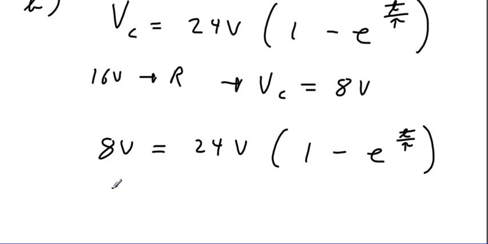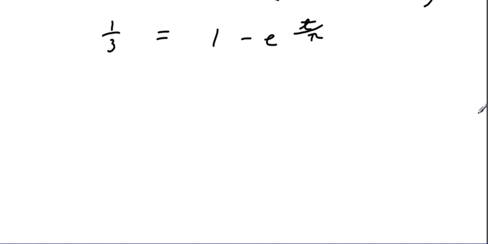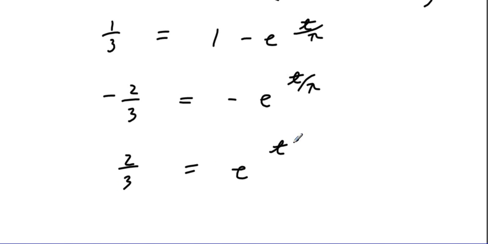That's 1/3. 1/3 is equal to 1 minus E to the T over tau. That's minus 2/3 equals minus E to the T over tau. 2/3 is equal to E to the T over tau.